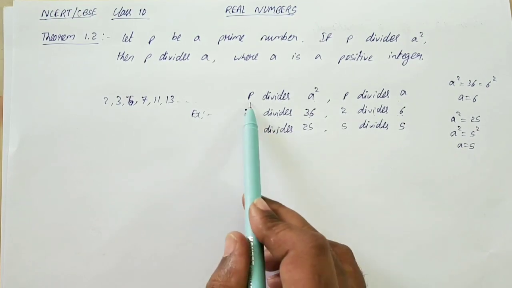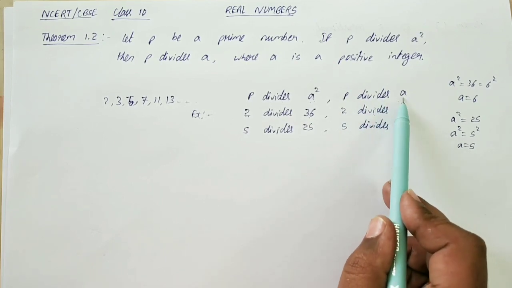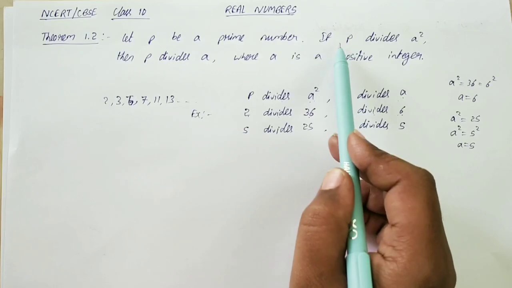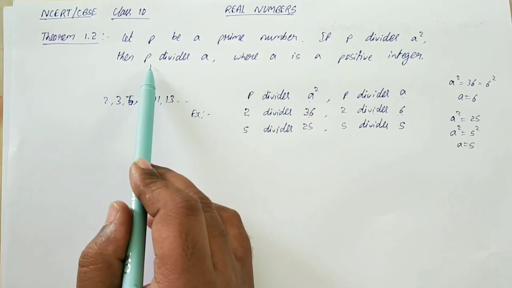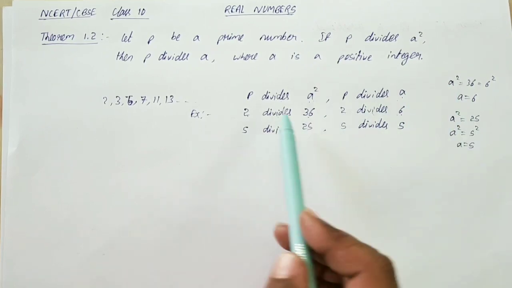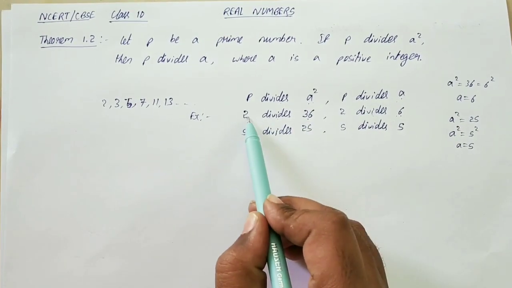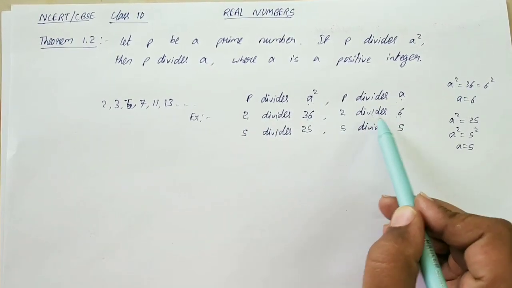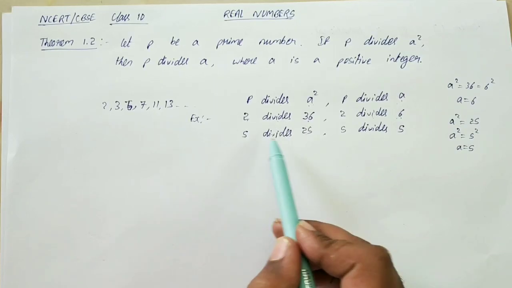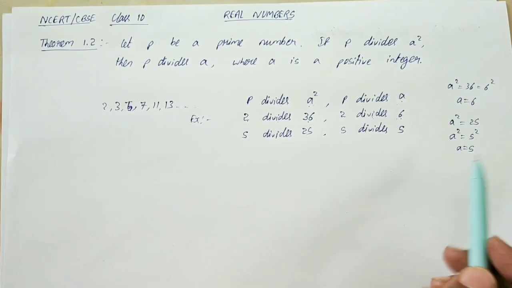If the prime number divides A square, then that number also divides A. If P is a prime number and P divides A square, then P divides A, where A is a positive integer, right? So if 36 is divisible by 2, then 6 is also divisible by 2. If 25 is divisible by 5, then 5 is also divisible by 5. This is the statement they have given.